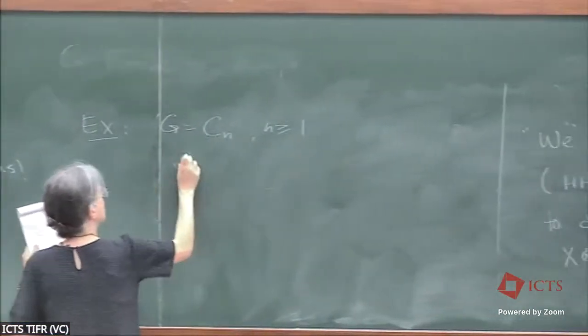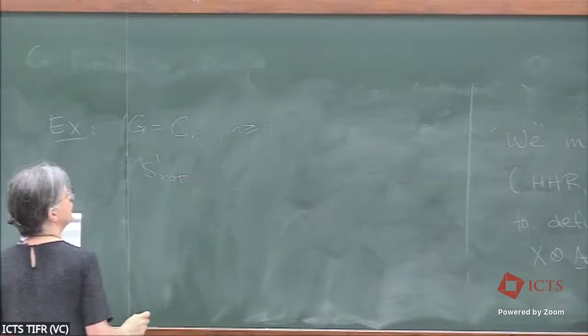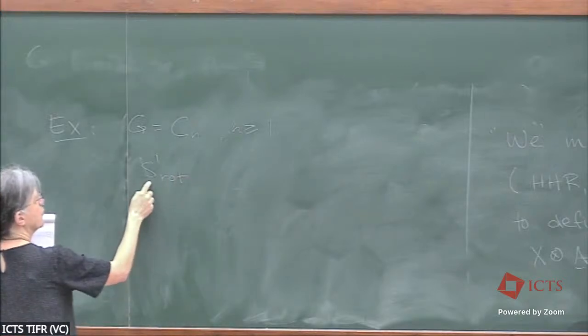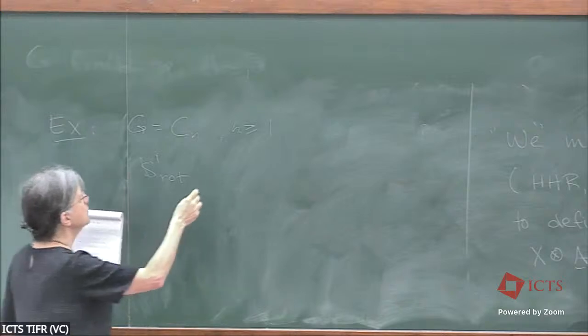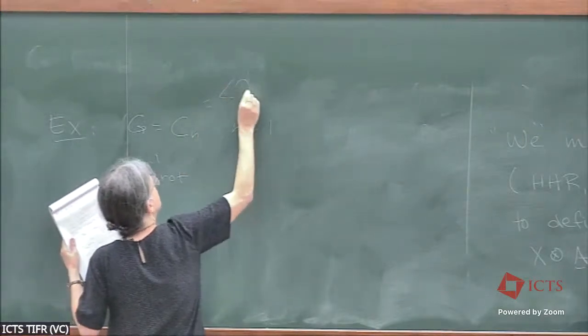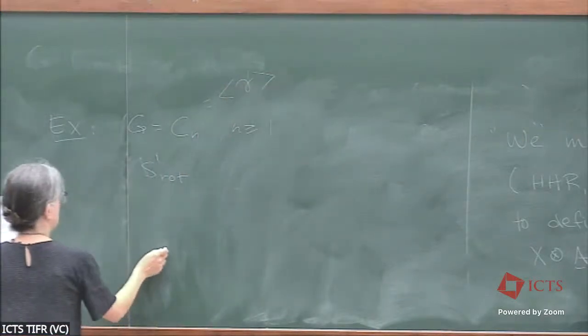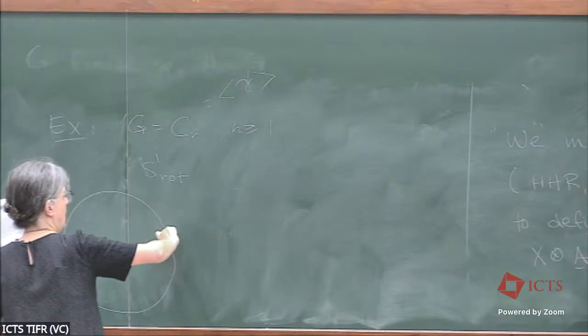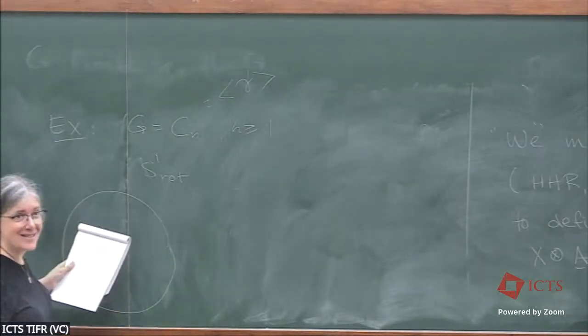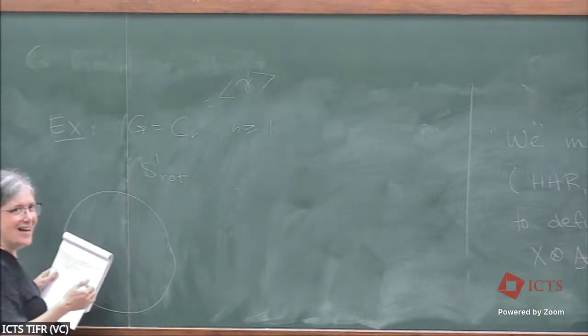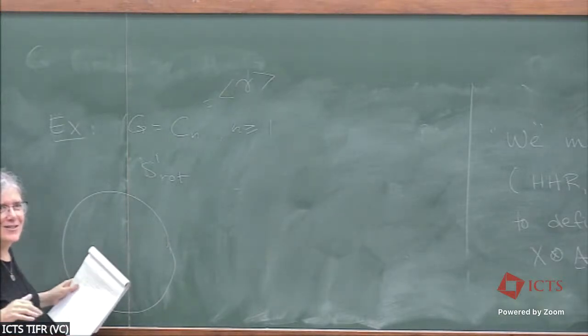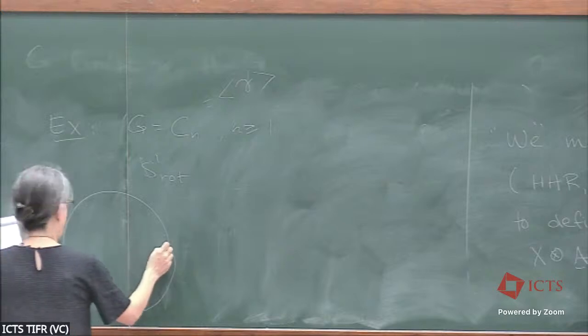And I'm going to look at S1 rot, which is the circle that Cn rotates. Cn is generated by gamma. And yes, this is going to be the third appearance of this example. It's the same example all along. It just, the notation gets fancier every time.